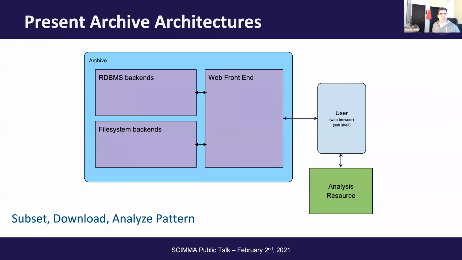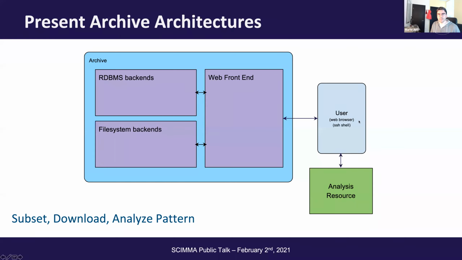So this here is a very oversimplified diagram that's trying to illustrate the typical analysis patterns we see today. We have the archives which store and curate the data sets for us, usually in a combination of file system and database backends.